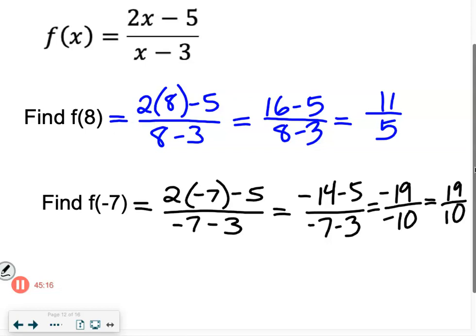Now, I have a couple things to mention to you. There was a question: what's the difference between f of x and g of x? There's no mathematical difference, except that sometimes we want to give functions different names. It's like if I have multiple children, I might call one Fred and the other George, to differentiate between them.